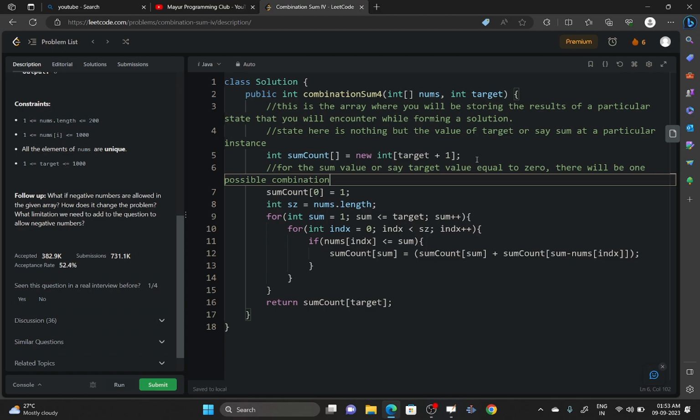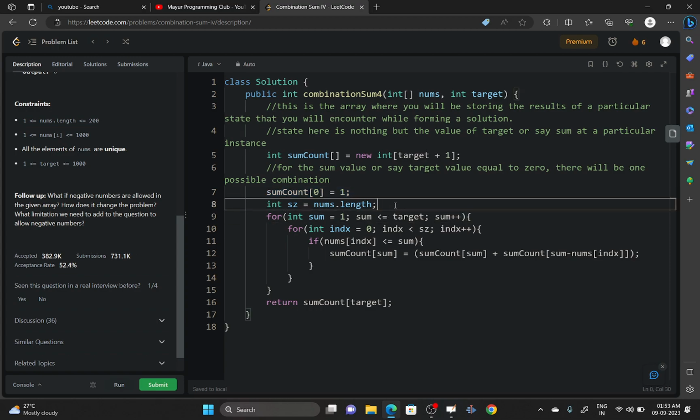That would be not taking any of the numbers in the nums array. Since the numbers are starting from 1, it can go up to 1000. So that's for that case.